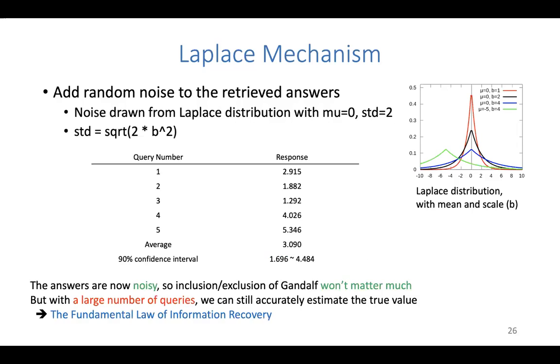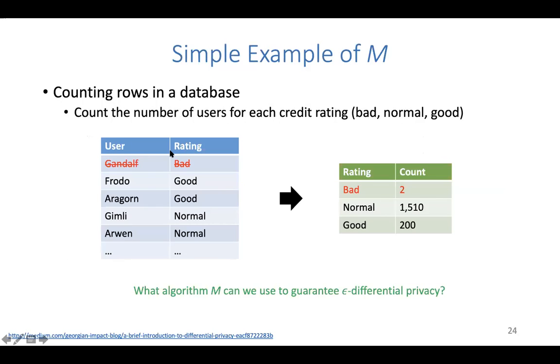Just like here, when Gandalf is in, bad was 3. When Gandalf was out, bad is 2. So a single example being in the data set or not leads to an outcome difference of 1. That is the sensitivity.